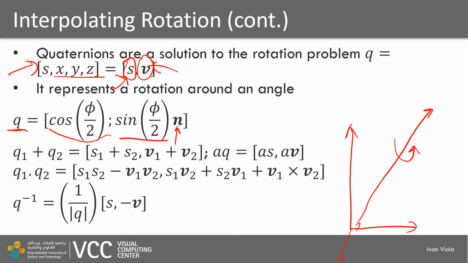This representation allows us to perform a component-wise interpolation of these values as x, y, z, and will result in a smooth interpolation of rotation without any gimbal lock, without any artifacts associated with it.